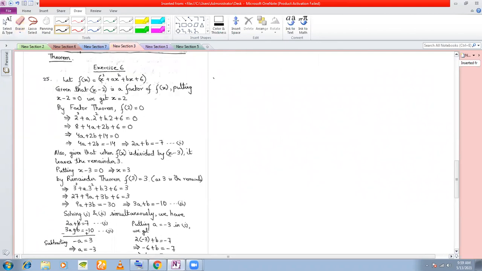Let me write the question here. In my textbook, it's number 25. The question is: x minus 2 is a factor of the expression x cubed plus ax squared plus bx plus 6.